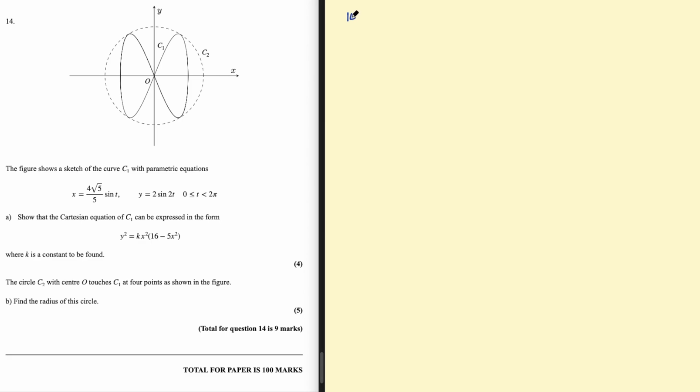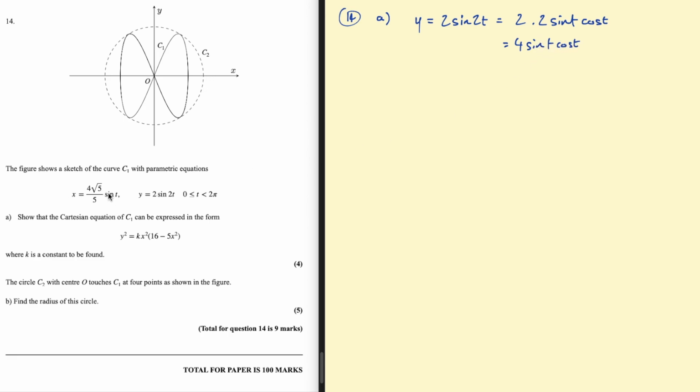Okay, firstly, let's recognize that we can write y, which is 2 sine 2t, as 2 times 2 sine t cosine t. So this is 4 sine t cosine t. And now if we want y in terms of x, we need to substitute some expressions for x for sine t and cosine t.